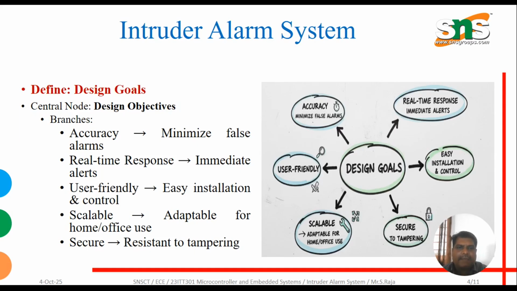It must be scalable, adaptable for any office automation, bank automation or industrial automation. It must also be tamper resistant, so no one can tamper with the owner's security process. It should be easy to install and control in whatever area we need, and provide an immediate alert to the owner and also the nearby police station when an intruder comes. So these are the design goals.